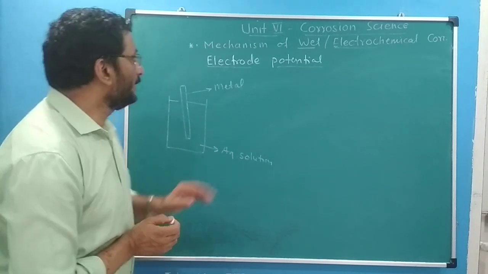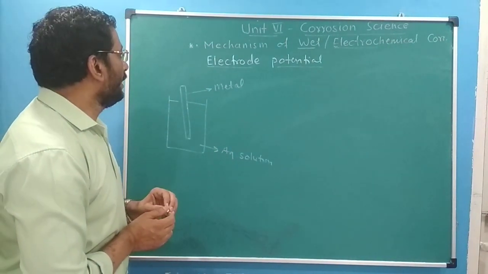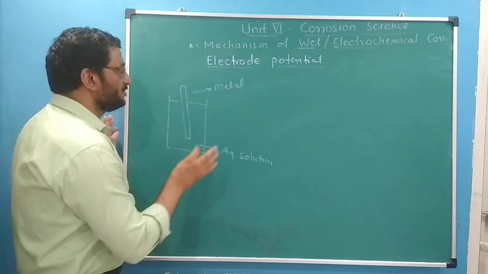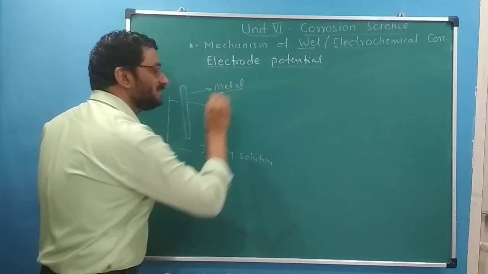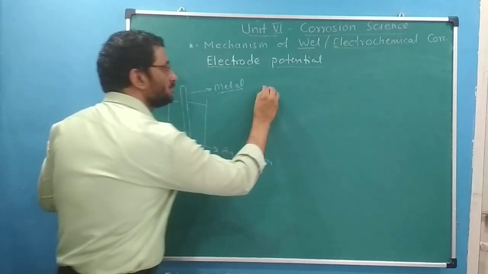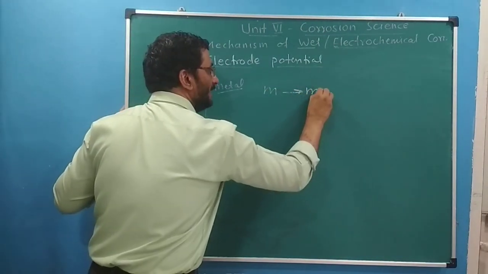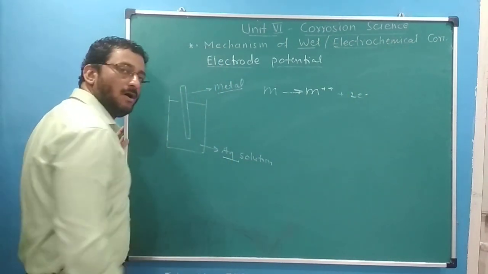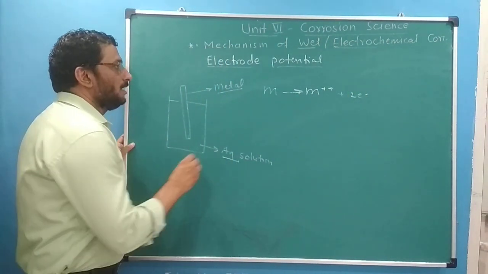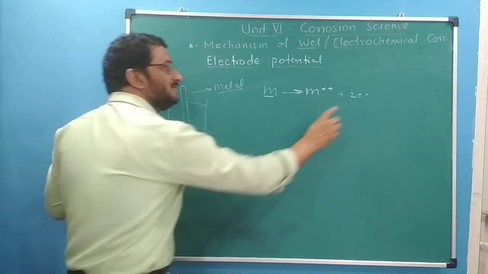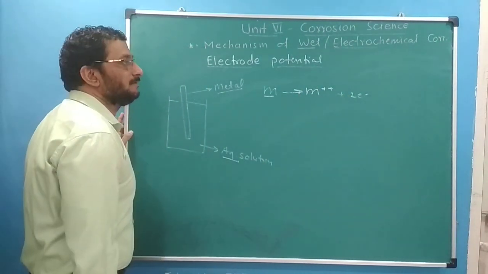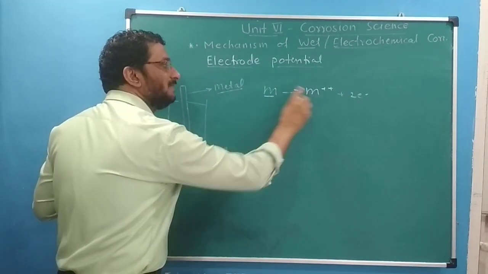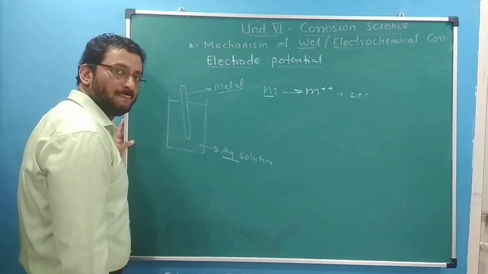Okay, anyway, this electrode potential. Let us see the situation. We have mentioned that a metal shows a tendency to pass into the solution as metal ions. So when you immerse a metal in water or in a solution, some of the metal atoms will shed their electrons and metal ions will go into the solution, isn't it?